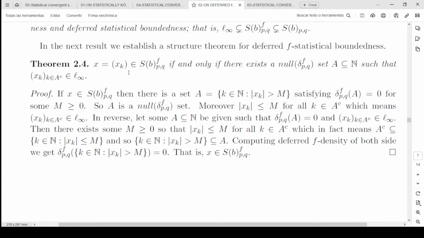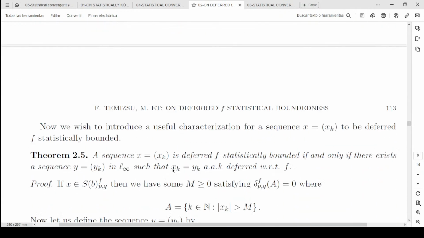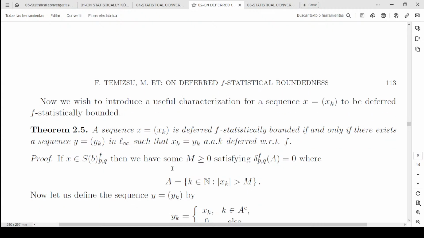We say that X is in SBFPQ if and only if there exists a null set A with this density type such that xk is a bounded sequence on the complement of this set A. This is a useful characterization.